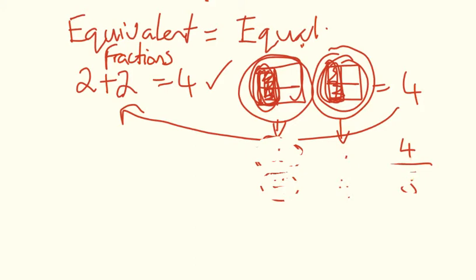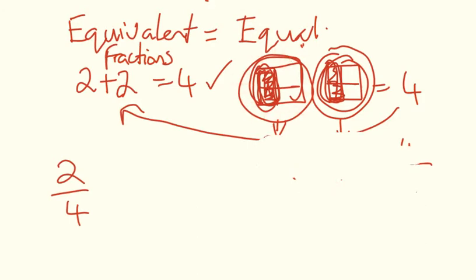bear with me here. Okay, if I say 2 out of 4, which is what we used over here before, so if I've got 2 pieces out of 4, if I want an equivalent fraction of that, let's say I multiply that top number by 2.